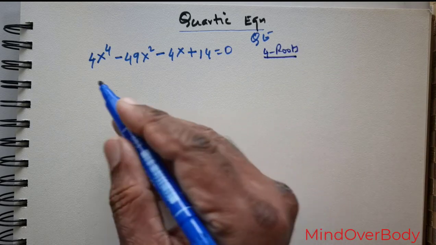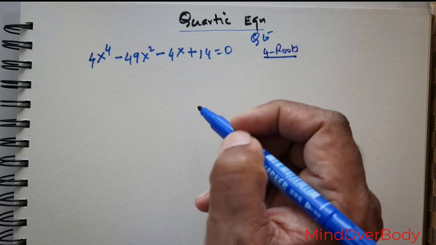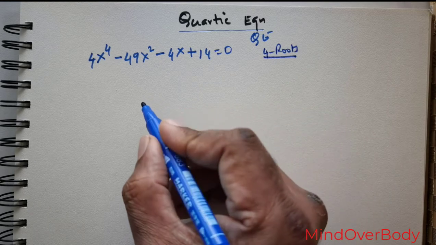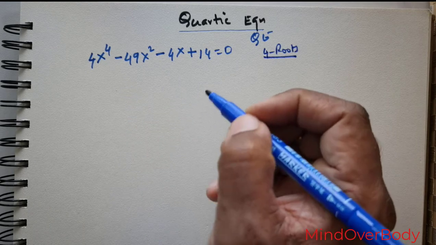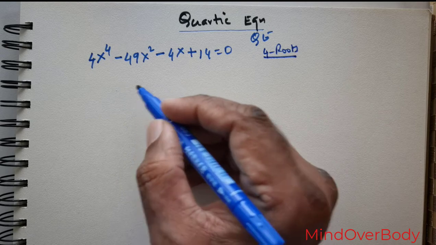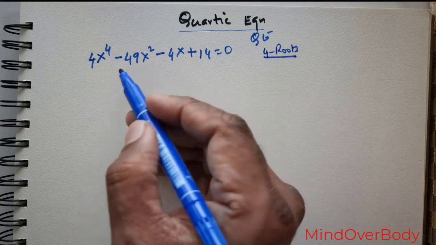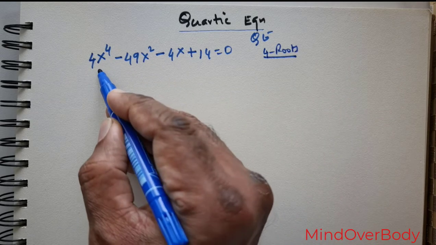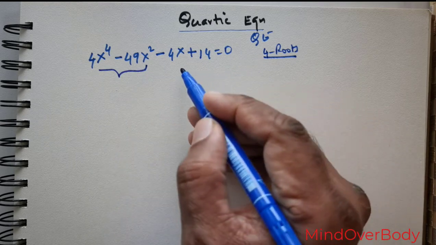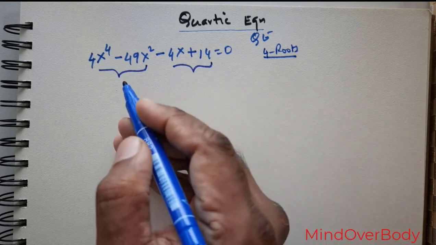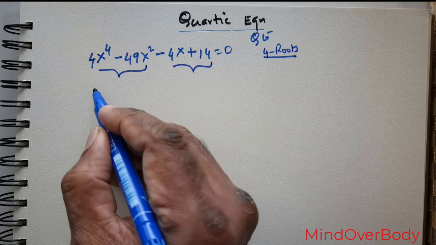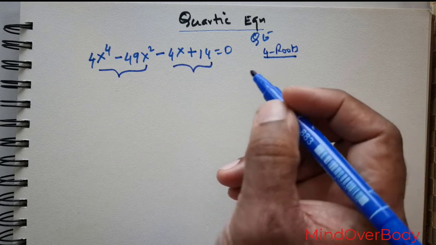Now the question is, how are we going to solve this quartic equation? You can adopt this approach whenever you encounter a quartic equation of this nature. First, I would like to club these two terms together and these two together, and then take x squared out.